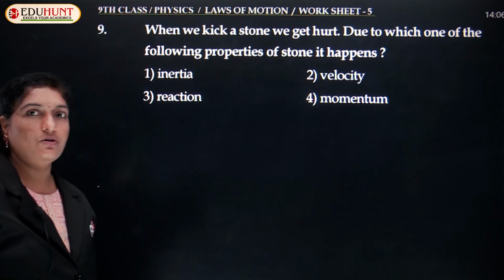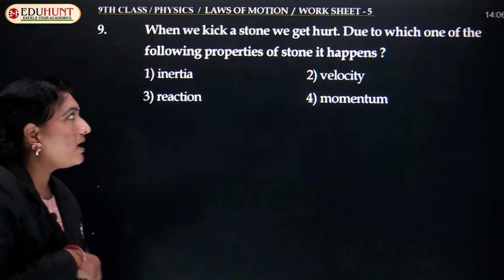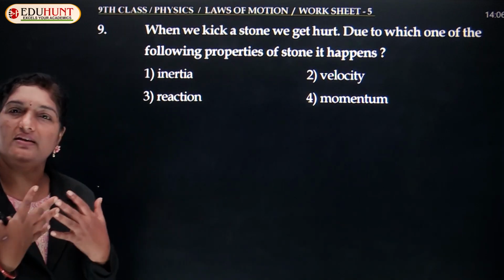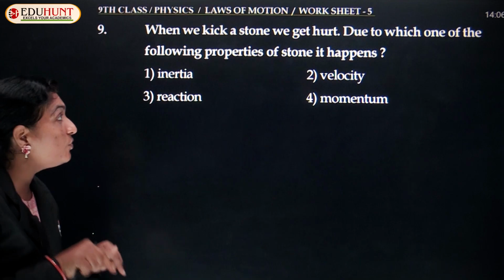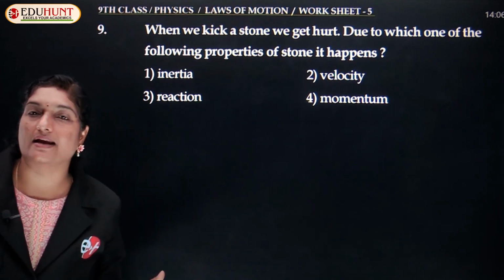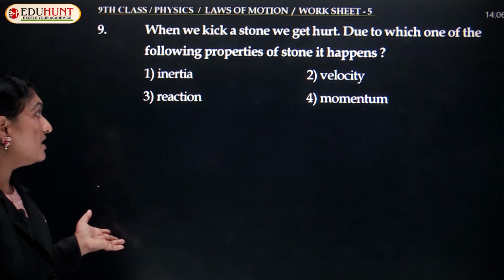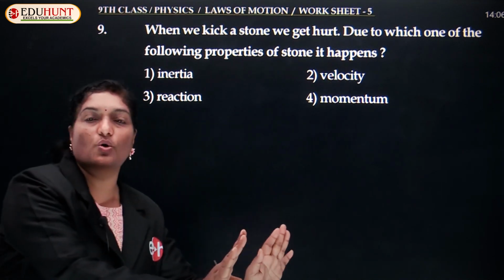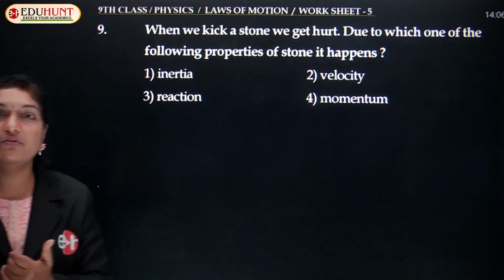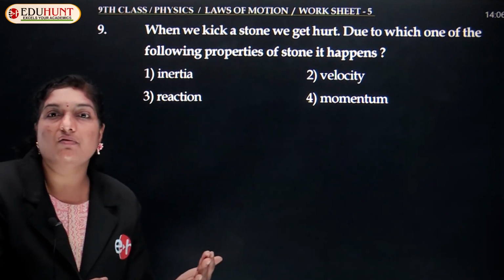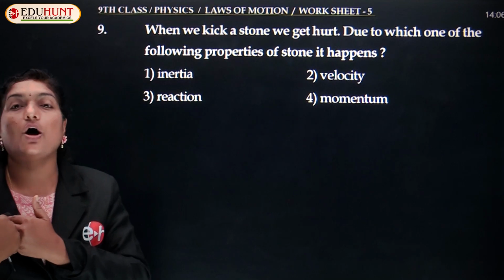That is the 9th question. When we kick a stone, we get hurt. Due to which one of the following properties of the stone does this happen? Is it inertia, velocity, reaction or momentum? We hit the stone as the action part and we get hurt because the stone exerts an equal amount of force in the opposite direction.